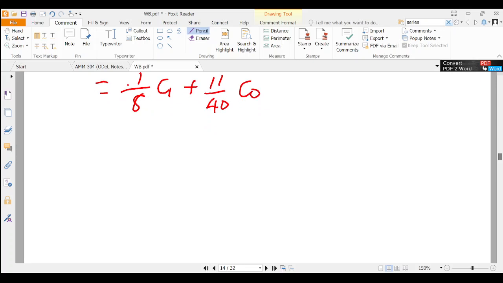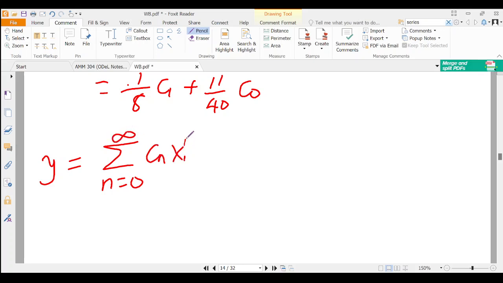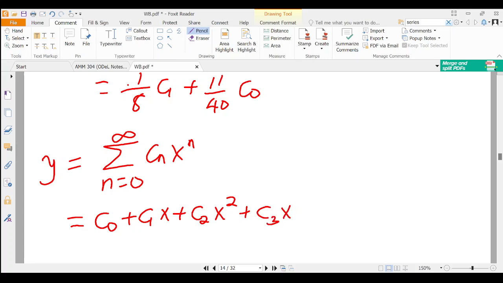Our solution, remember, was y is equal to the sum from n is 0 to infinity, Cn x raised to power n, which we can write in the expanded form as C0 plus C1x plus C2x squared plus C3x raised to the power of 3 plus C4x raised to power 4 plus C5x raised to power 5 plus and so on.